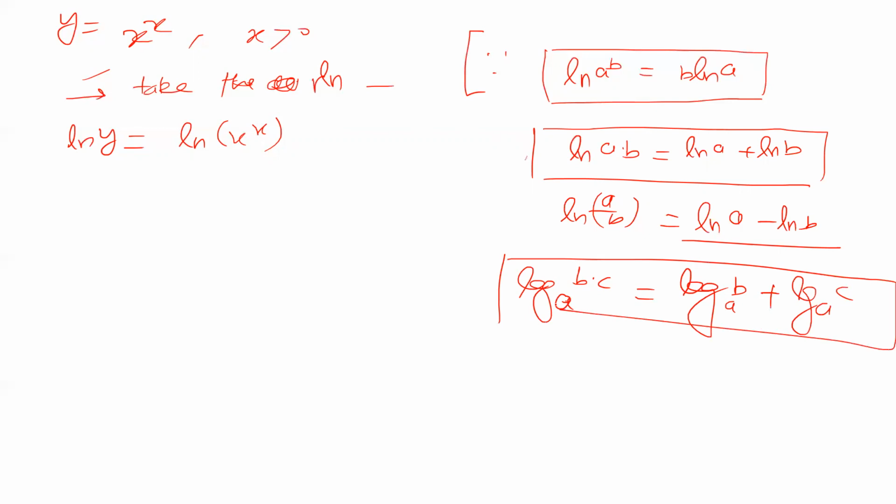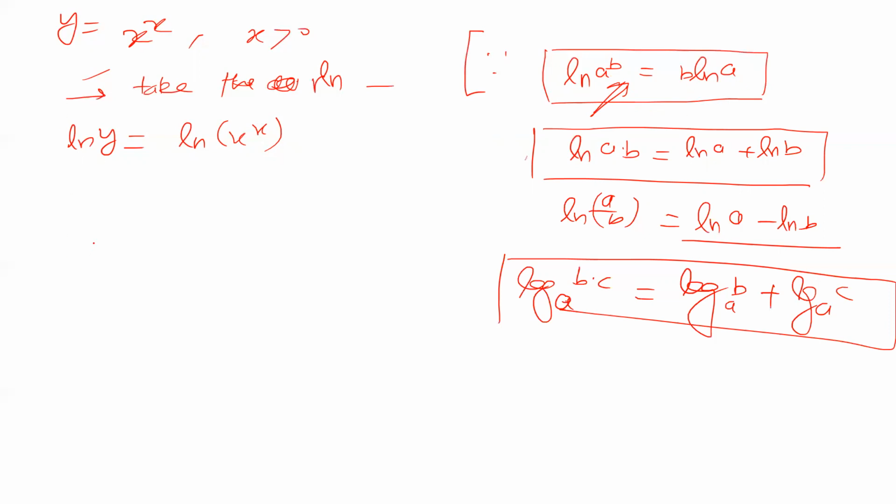This way we can write it. So here we are applying this rule: ln of a to the power b, we can write as b ln a.